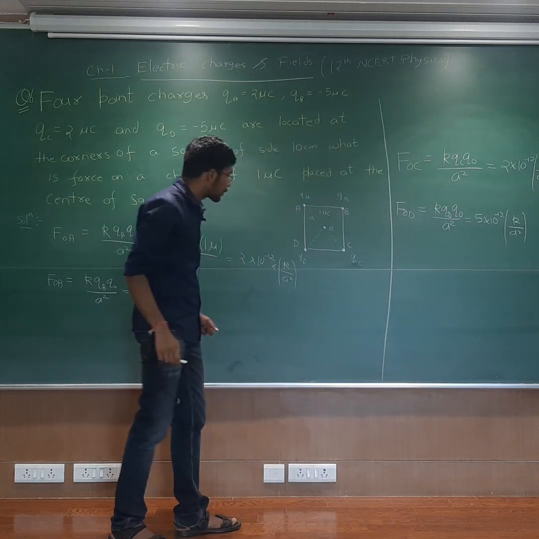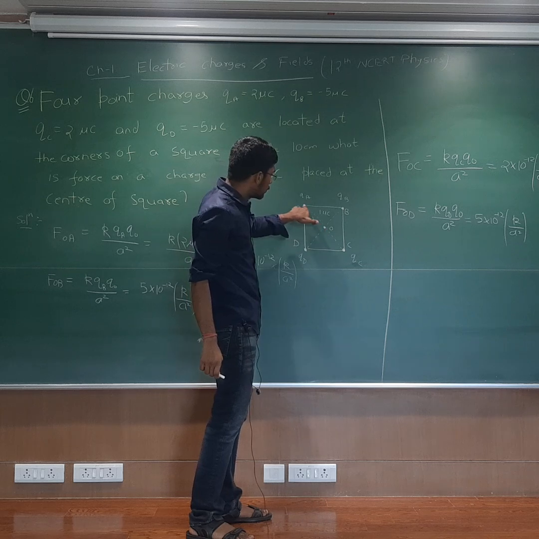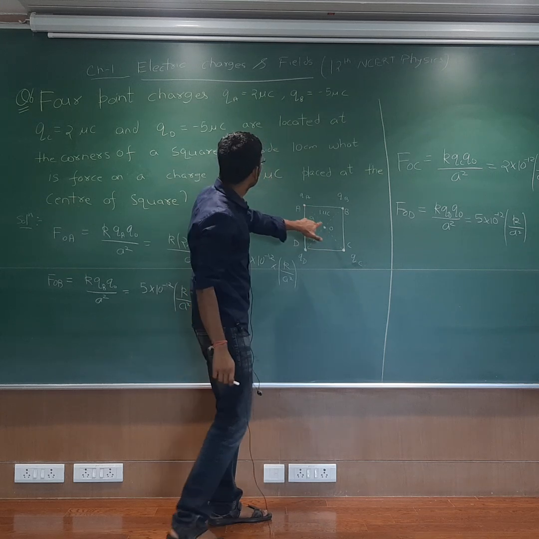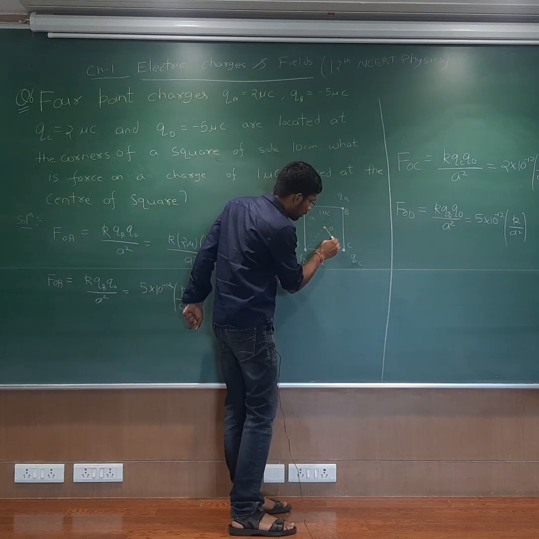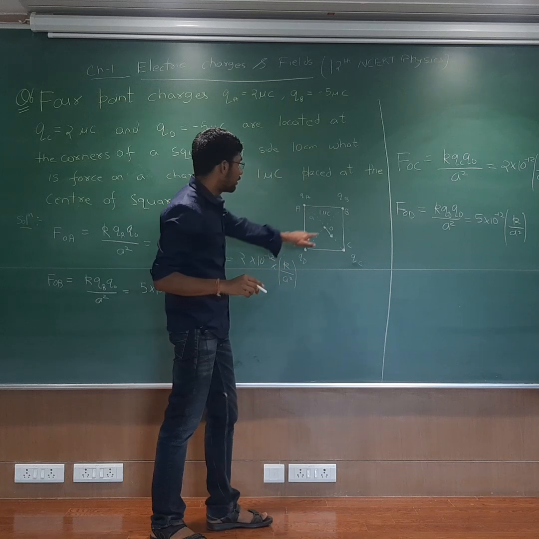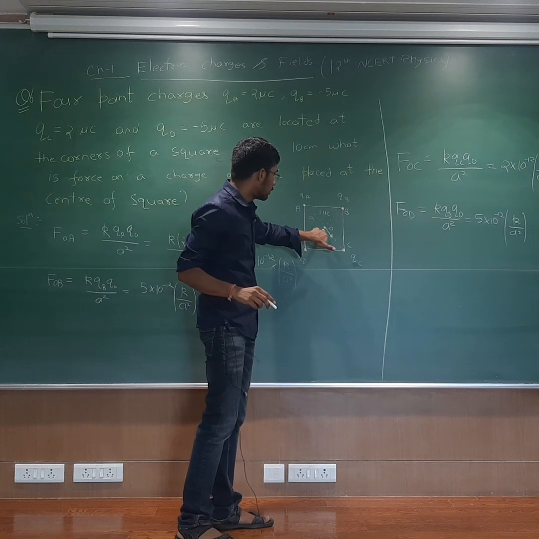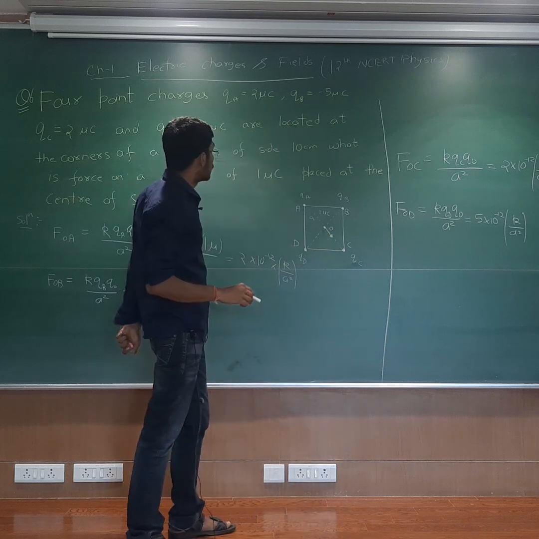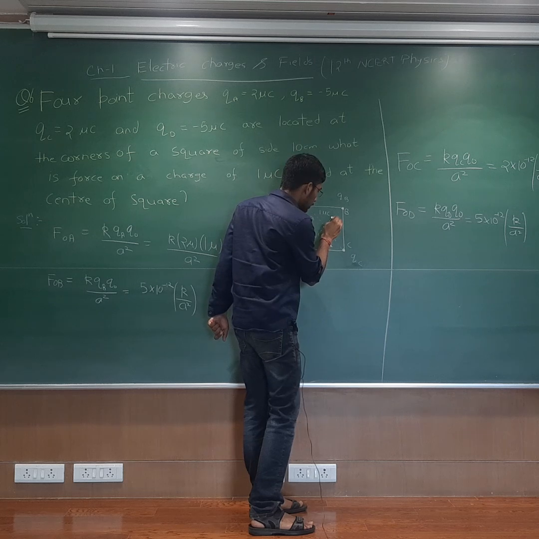Now let's see the direction of the force. The force on this charge due to this one: both are positive charges, so the direction of force will be away. The force due to this charge on the charge at O: since this charge is negative, the force will be in this direction.